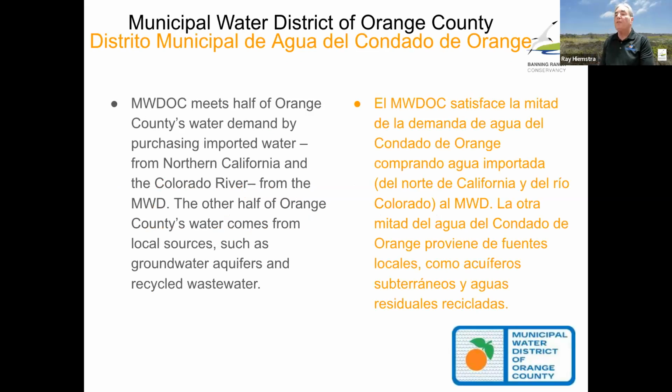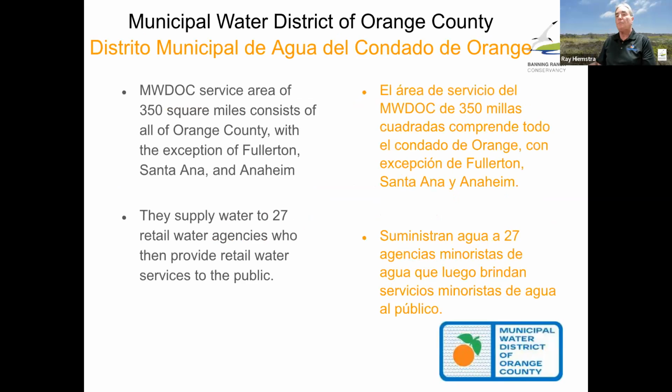A large portion of our water comes from groundwater, but 50% of it comes from imported water. And MWDOC, as we call it, is the one that does that. So they supply that to 27 different agencies over 350 square miles.